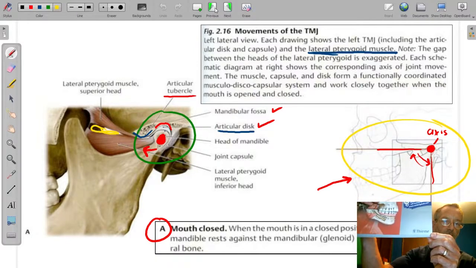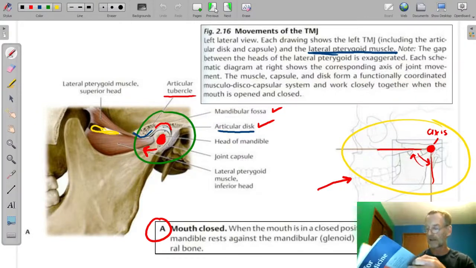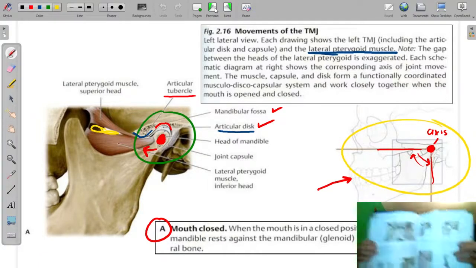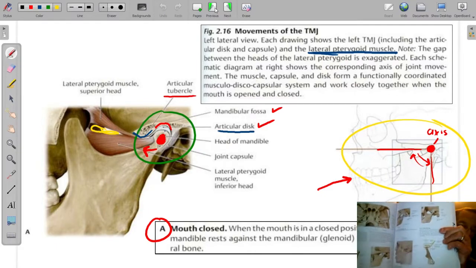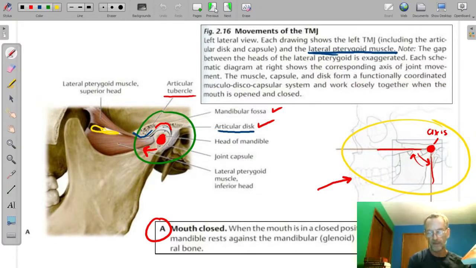So you can just Google that if you like. This book shows a lot of good dental anatomy. And it's written at a level that's appropriate for your class, as you can, I hope, see by what's written on these slides that I showed.